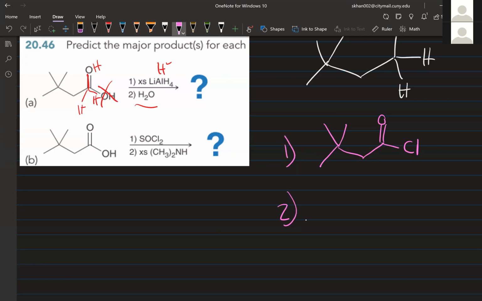Okay, now the second step. What are we going to get after the second step? We have an amine here. So this is a dimethylamine, so we have NH, Me, Me. What happens when you react an acyl chloride with an amine? Right, it's basically just nucleophilic addition again, but here your amine is your nucleophile.